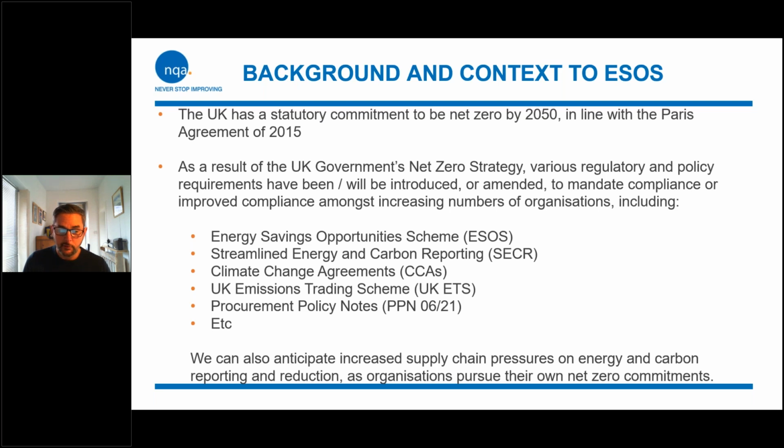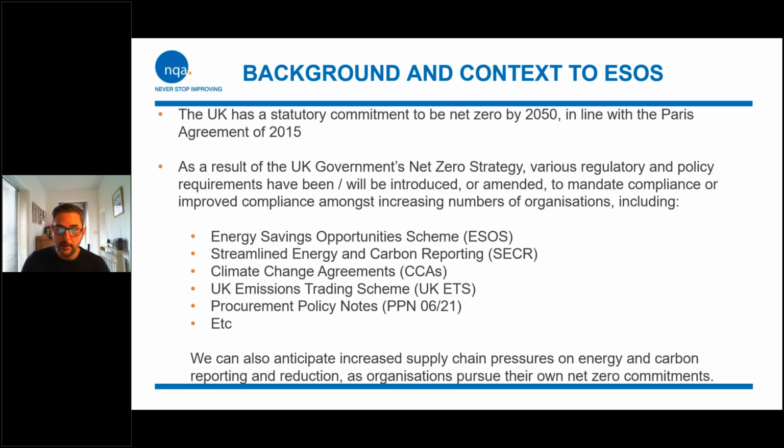And we've also seen one example of a procurement policy note for the government, PPN 06/21, which requires all companies with contract values in excess of £5 million with UK government organisations to report on carbon and carbon reduction initiatives.